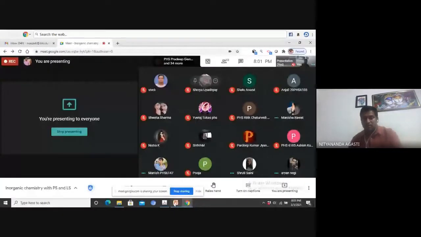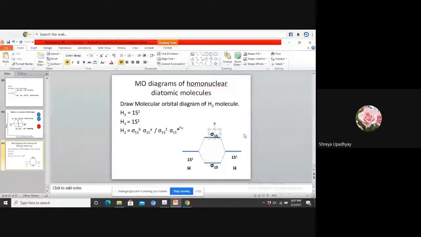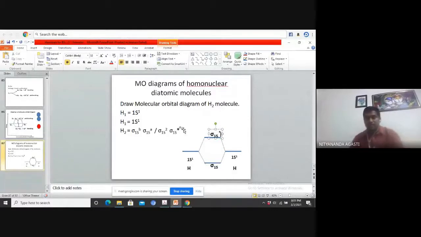This is bonding molecular orbital. And we have anti-bonding. What would you like to write? Star? Anyone? Let us write star here. Yes, anti-bonding. Sigma 1s, sigma 1s star.